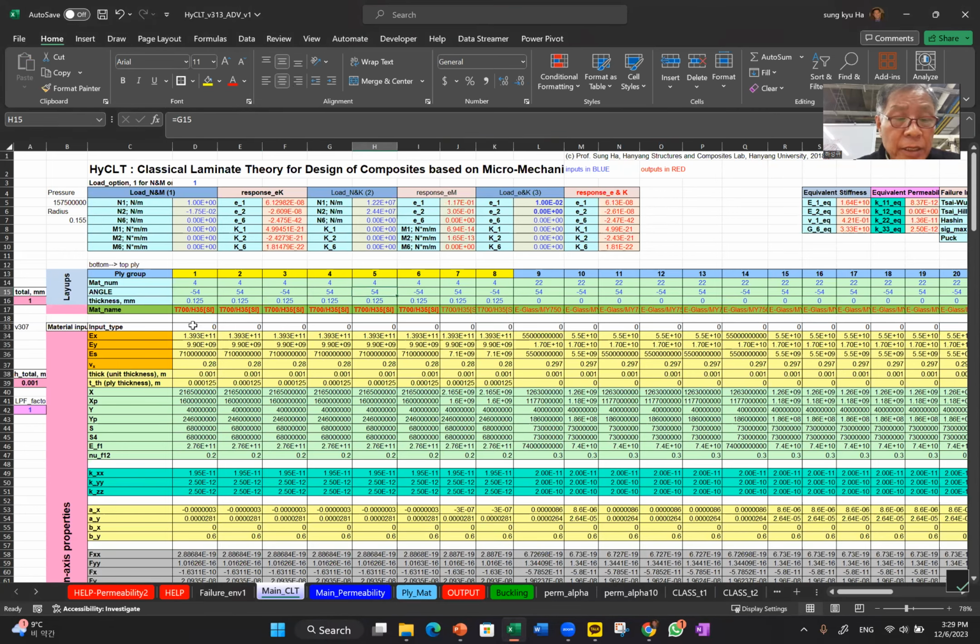So as you can see, plus, minus, and then symmetric. Let's say we choose this laminate rather than 0, 90, plus minus 45. Of course, there are the same number of 8 plies, and let's try to draw the failure envelope and see how it looks.